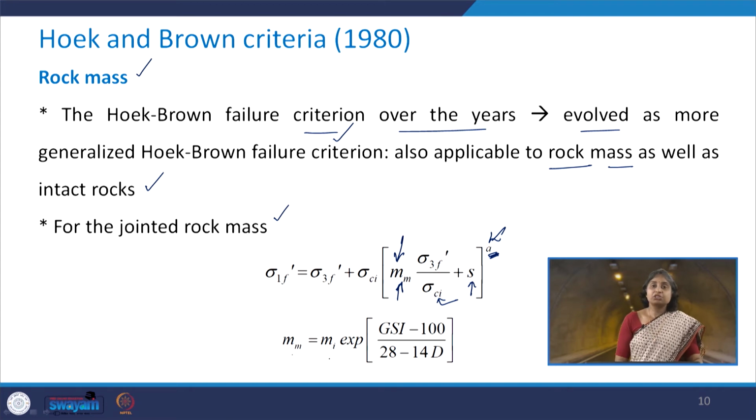This is a function of the parameter of the Hoek and Brown criterion for intact rock, that is mi, GSI, which we have learnt earlier, and a disturbance factor called D. The rest of the numbers have been obtained empirically: here you have 100, and then in the denominator you have 28 and 14.